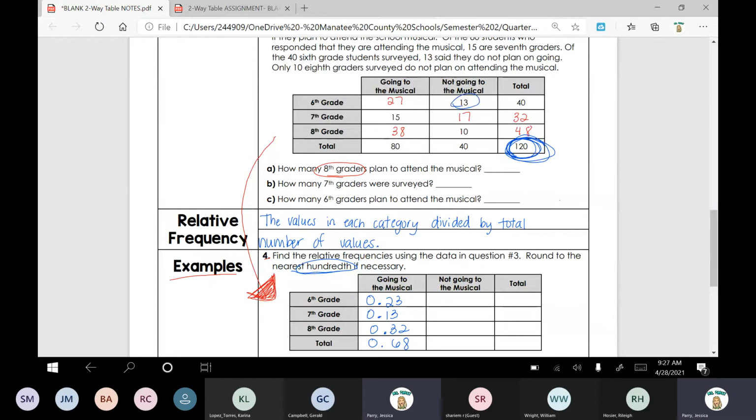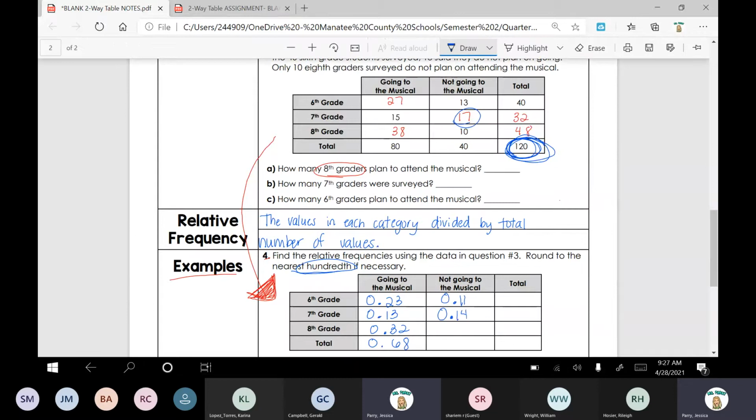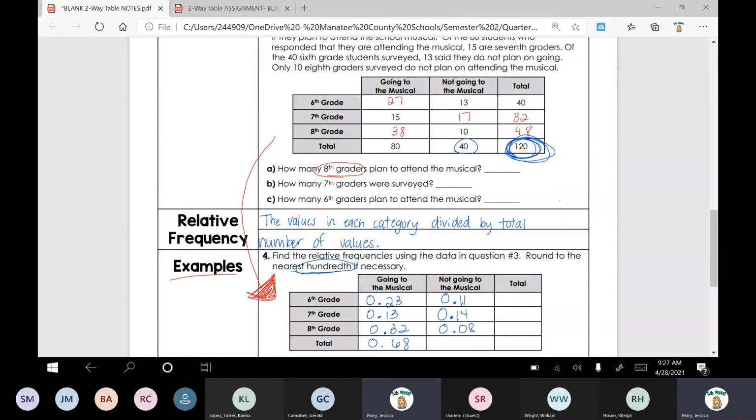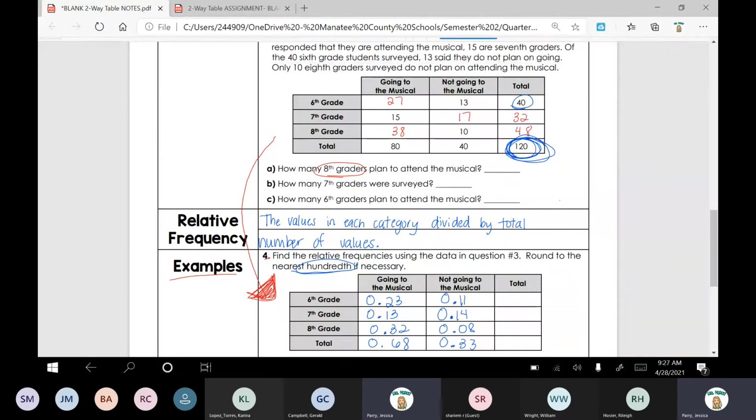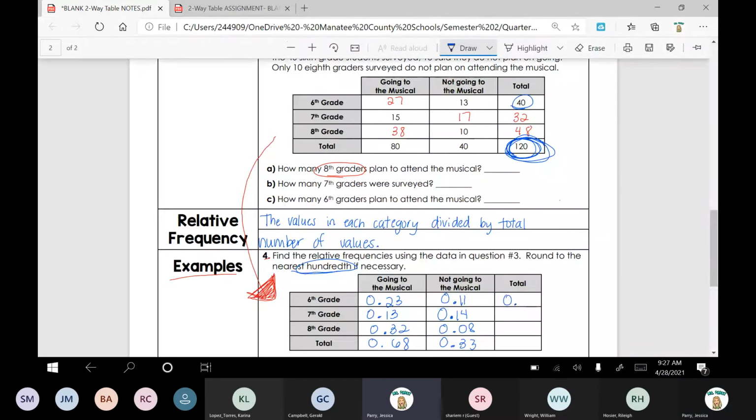And then keep on going. 13 divided by 120, 0.11. 17 divided by 120, 0.14. 10 divided by 120, 0.08. 40 divided by 120, 0.33. Our last column, 40 divided by 120, 0.34.